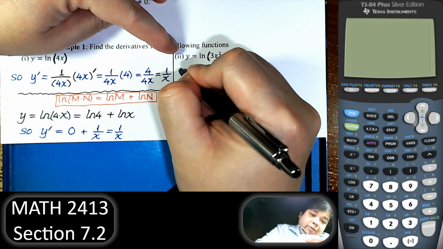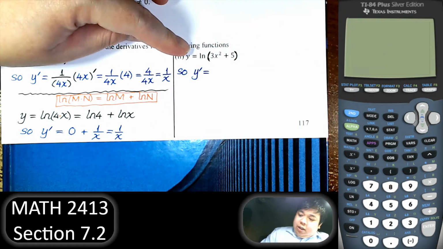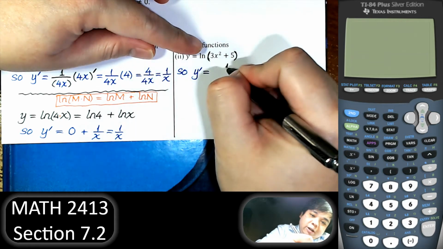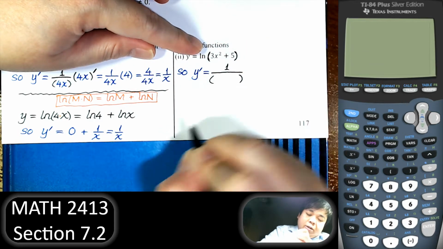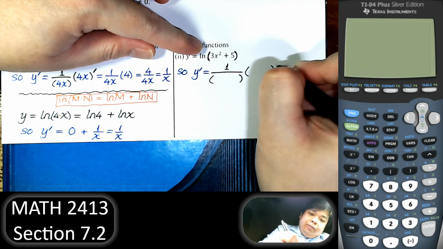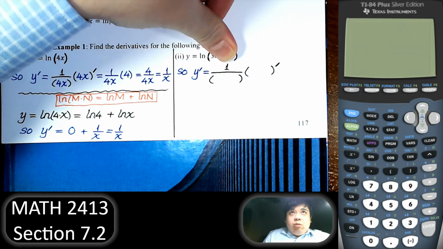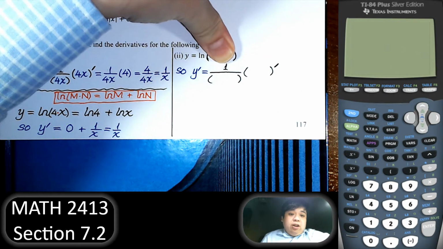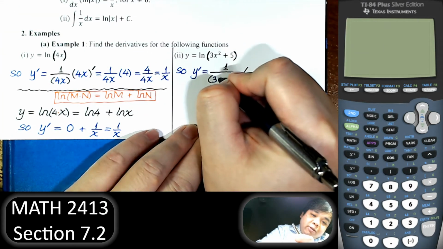So the derivative of that: the reciprocal function, 1 over, and then the derivative of the parentheses, regardless of what is inside the ln. It just happened to be 2x squared plus 5.